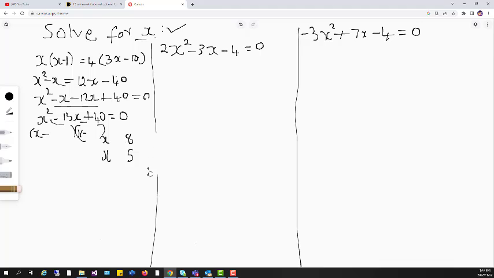With 8 and 5, x times 8 is 8x, and x times 5 is 5x. 8 plus 5 is 13. That's what we are looking for. So the terms we are looking for for 40 are 8 and 5.